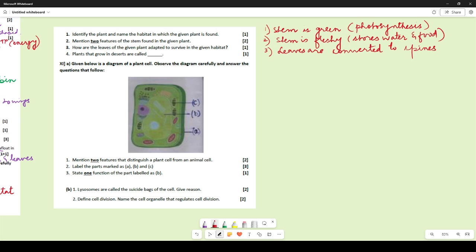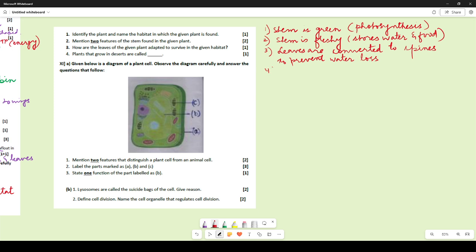They're very thin so that they do not lose water, right? Because most of the water from the plants is lost through transpiration. So leaves are converted to spines to prevent water loss. And you know, in desert there is a scarcity of water, so everybody is looking to save water, right?